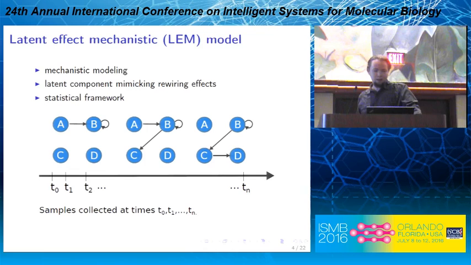In addition to this new model class, we also introduce a statistical framework that can be used to calibrate the model structure and parameterization in a data-driven manner using time course measurements.